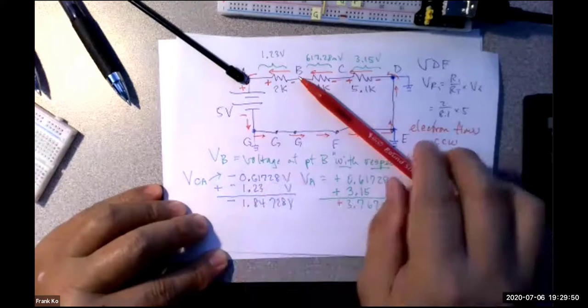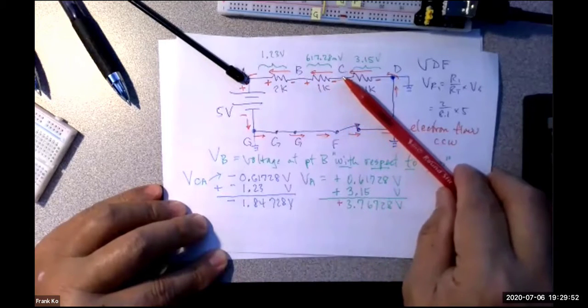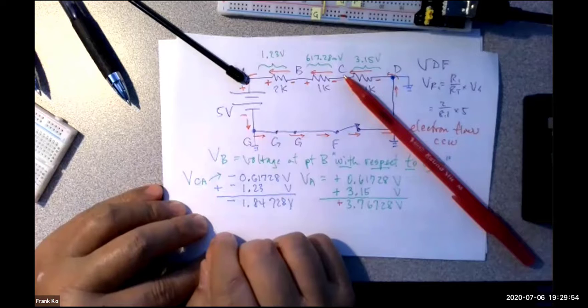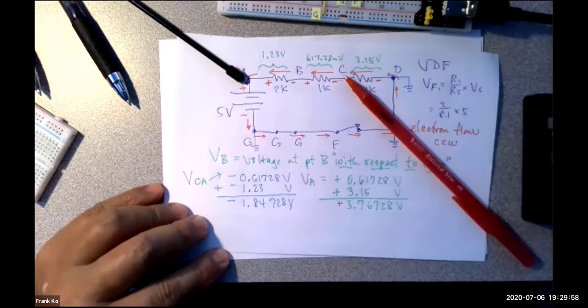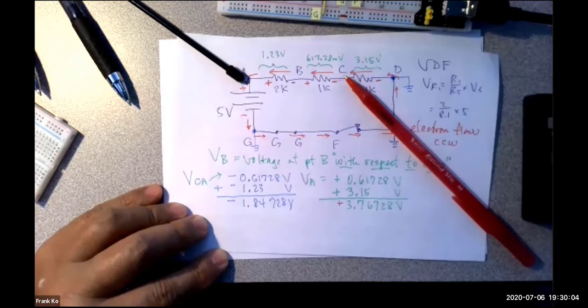And I said that was one method. There's an alternate method. Does anybody see an alternate method? Abbas, Harpreet, Dana, Carlos, do you see an alternate method of calculating the voltage from C to A? If not, it's okay.